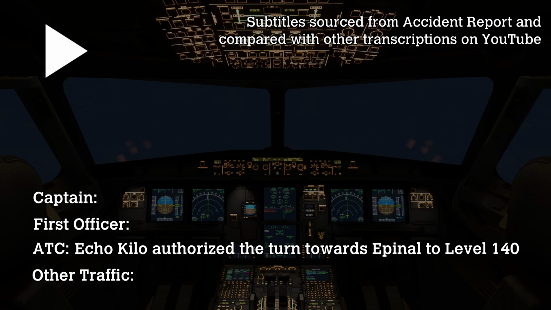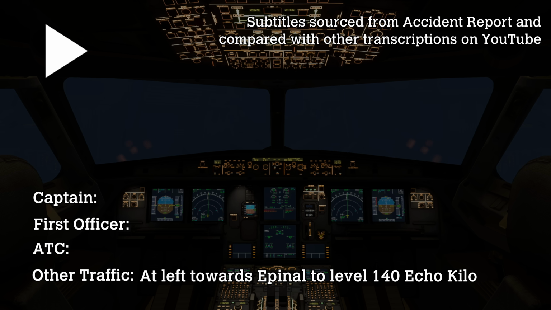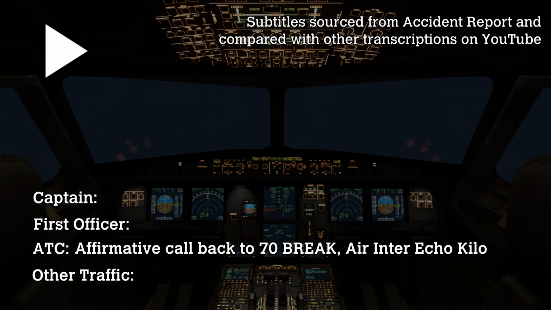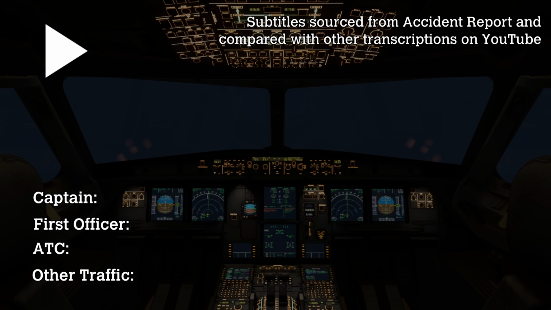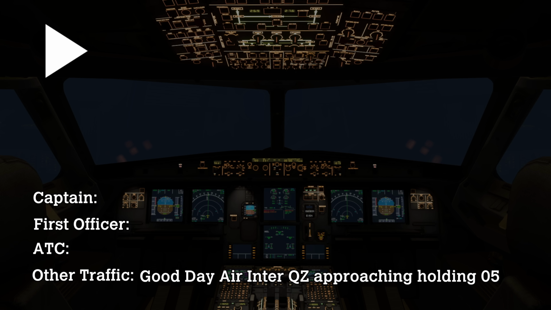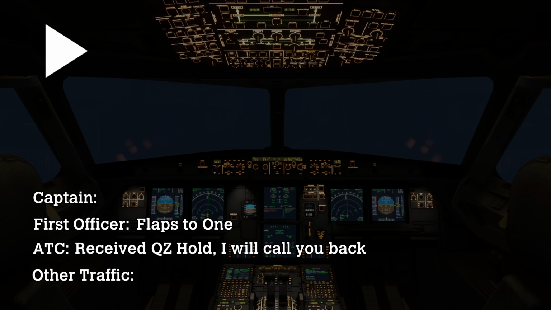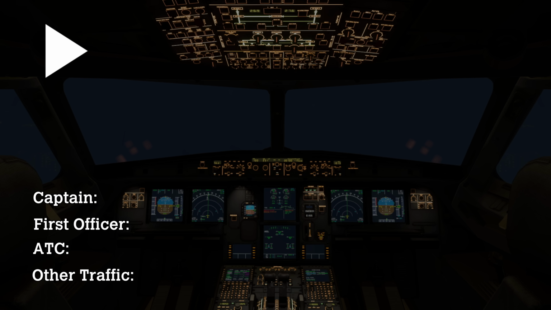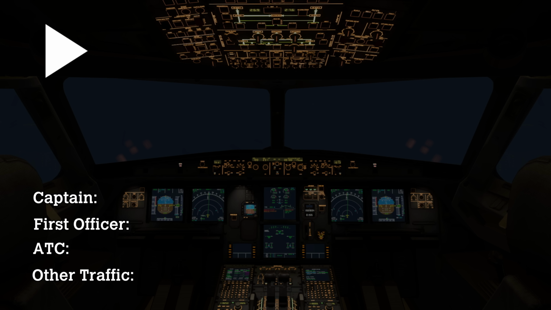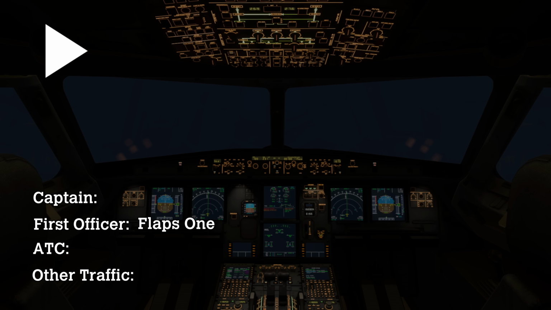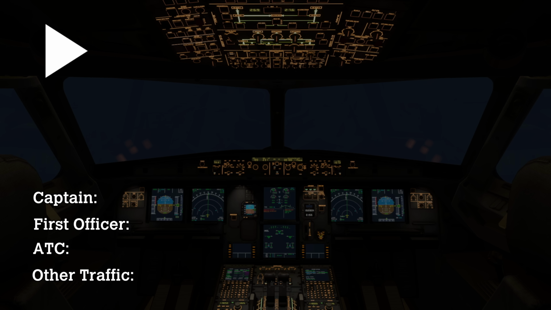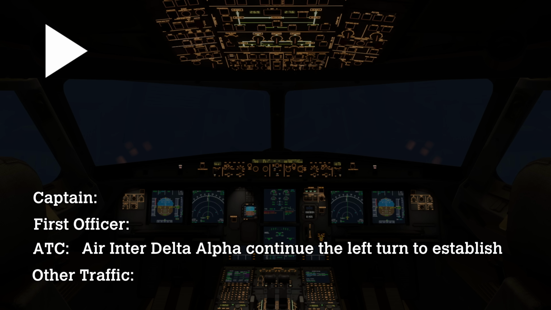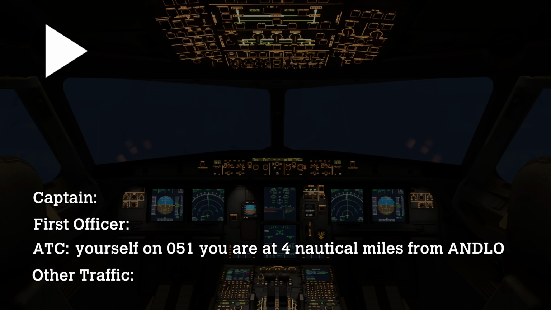Continue autorisé le virage sur Épinal vers le niveau 140. À gauche Épinal, niveau 140, à gauche kilo. Poursuivez le virage à gauche, pour vous établir sur le 051, vous êtes à 400 nautiques dans l'eau.